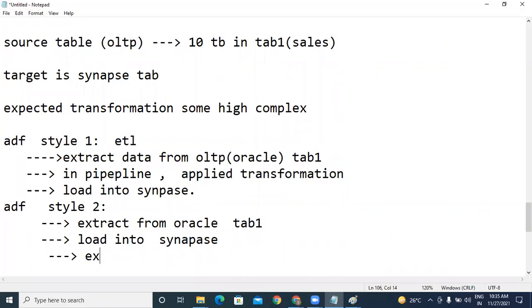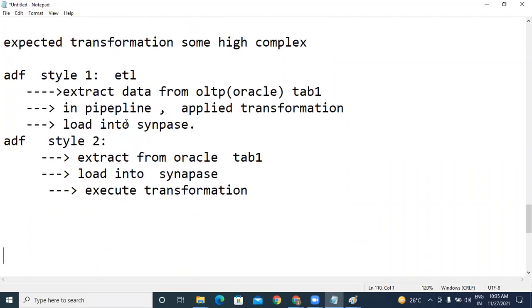And then execute transformation. This work is what? ELT. Okay. That is, execute the transformation by Synapse.